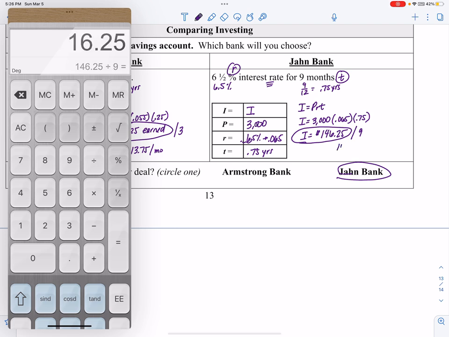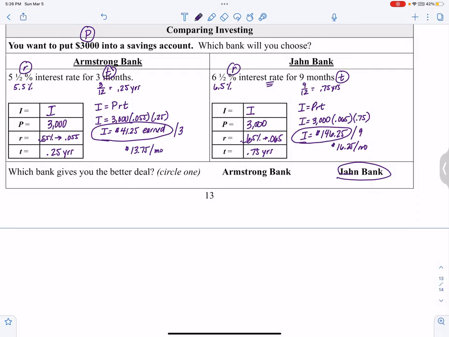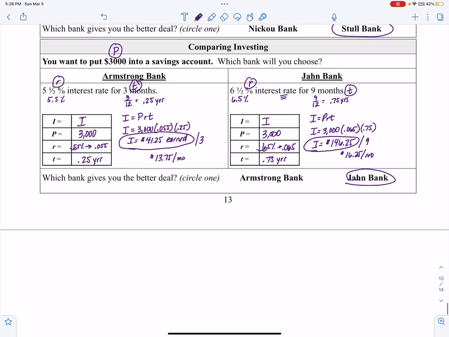We're talking about $16.25 per month earned for the Jan Bank as well, okay, or in comparison. And so we end up earning more in the Jan Bank. We're earning more per month anyway. Everything points to the Jan Bank being the best for investing for us this time.